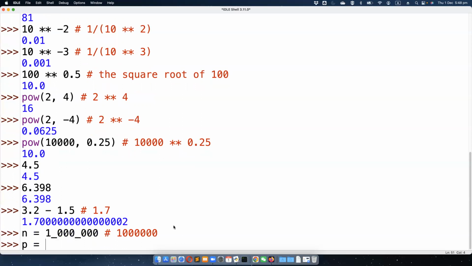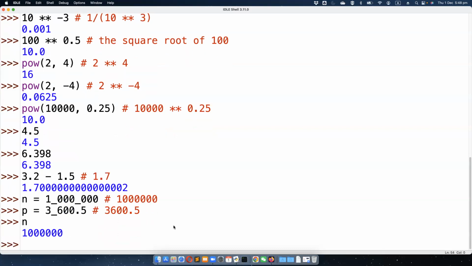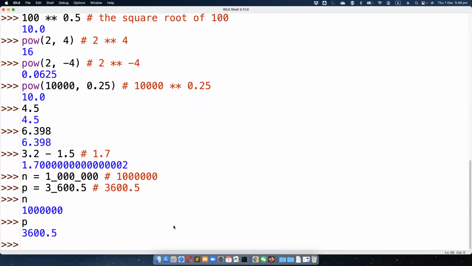For example, p equals sign 3, 6, 5. So this will just be equal to this. Okay, let's show the results, right? And for p, it's just these results, okay.